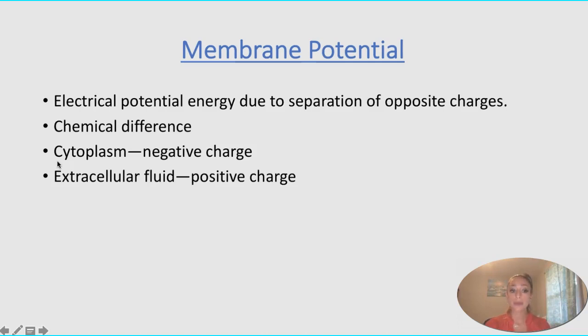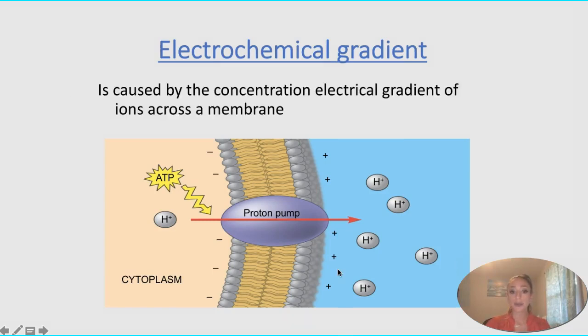There's a chemical difference, and this is just describing the two charges I just explained. The electrochemical gradient, which is what we discussed with the sodium-potassium pump, is caused by the concentration and electrical gradient of the ions across the membrane. So this is causing both of those to have what's called an electrochemical gradient. All these positives, all these negatives, that's what it's causing.